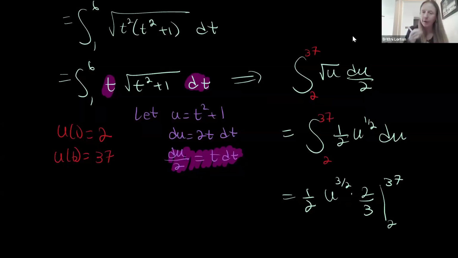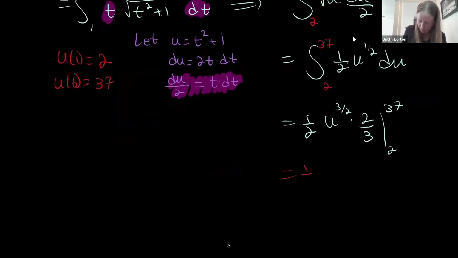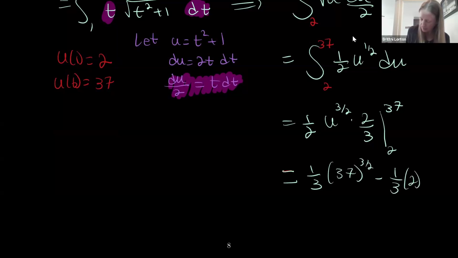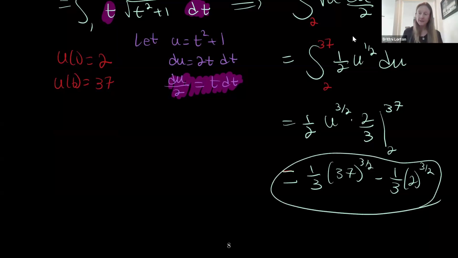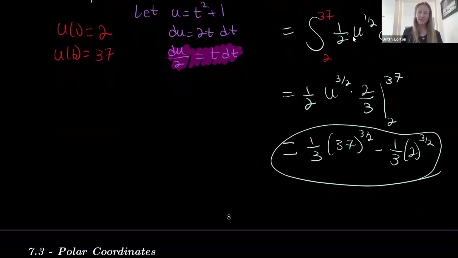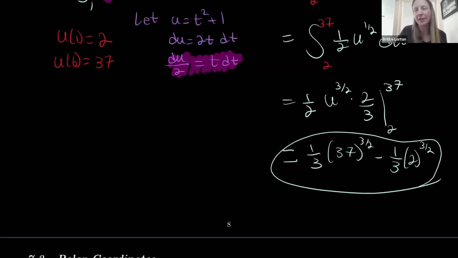And then I simplify, and this is going to become 1/3, the 2's cancel, times 37 to the 3/2 minus 1/3 times 2 to the 3/2. Ta-da! All right, that's it for the calculus of parametric equations.